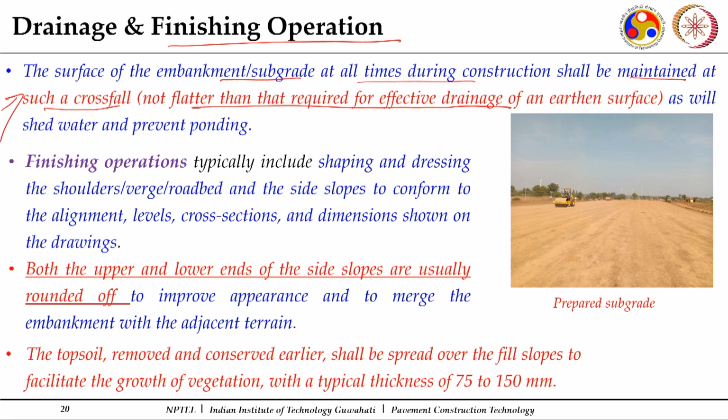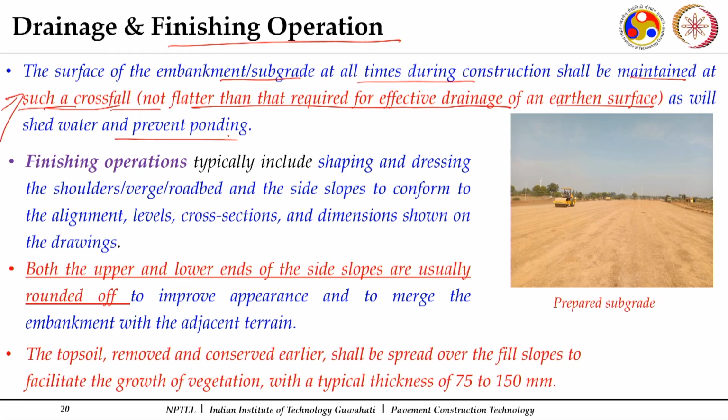As we have mentioned, even if we are using capillary cutoff layers in new construction, we have to maintain them at such a cross slope, because otherwise if it does not have a cross slope and a rainfall event happens, then the entire layer will get saturated and it will take many days to aerate it and make it ready for the next layer. So, it is always required that you construct your subgrade layers and the embankments with the required cross falls.